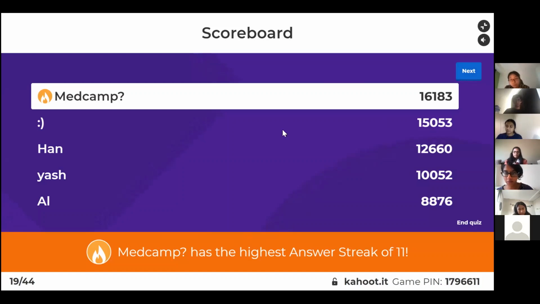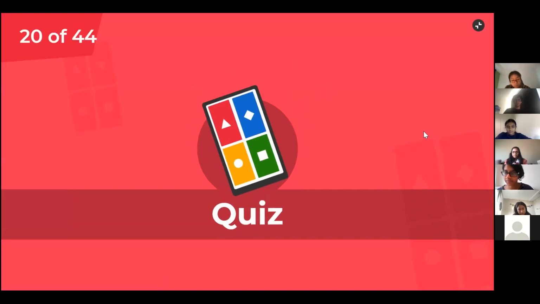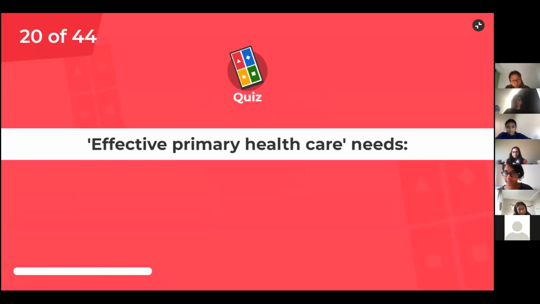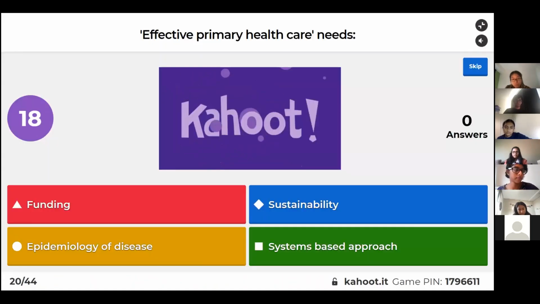Oh wow, medchem's really on fire. Streak of 11. Good job. Surely we can get a hands up for whoever's medcamp.